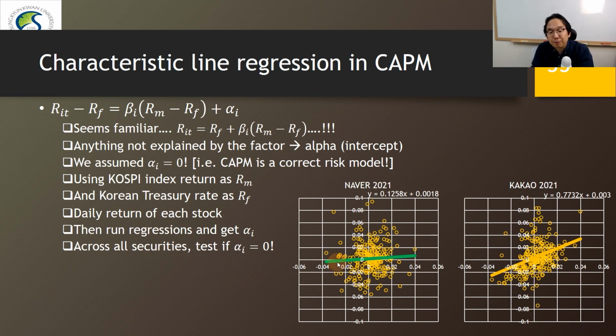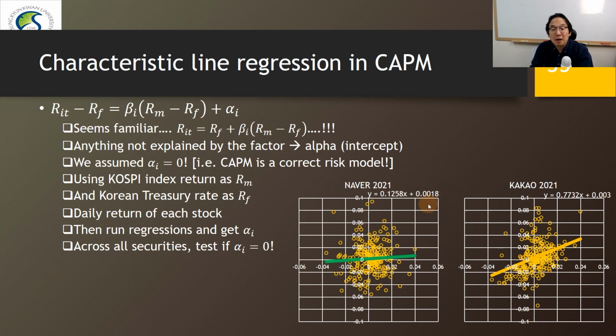Now, I did it for Naver and Kakao. Like this. The slope term is the beta that you see. You see Kakao has a higher beta, which is riskier in terms of systematic risk than Naver. And you see the intercept term over here. That's alpha, as long as these Y and X are excess returns. And these are not 0.